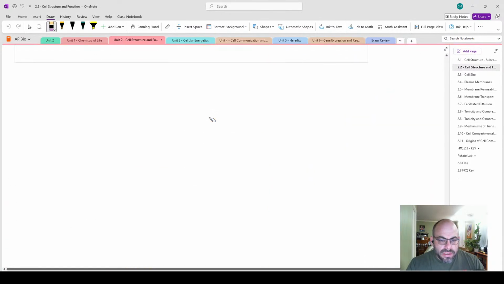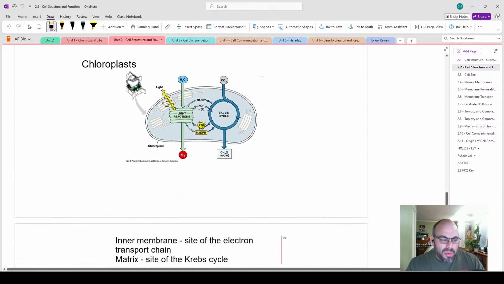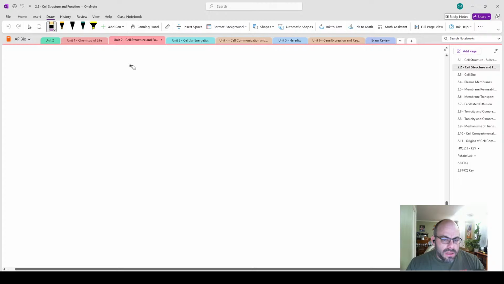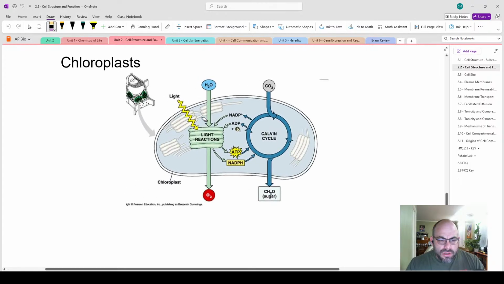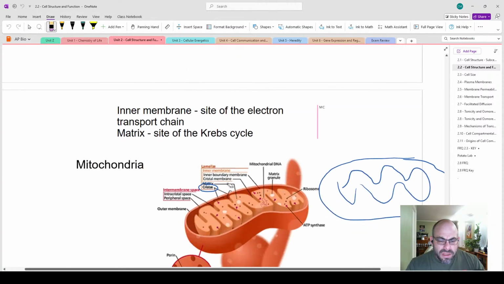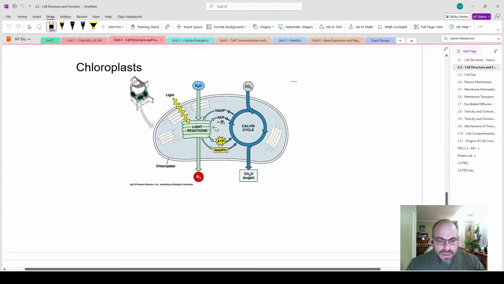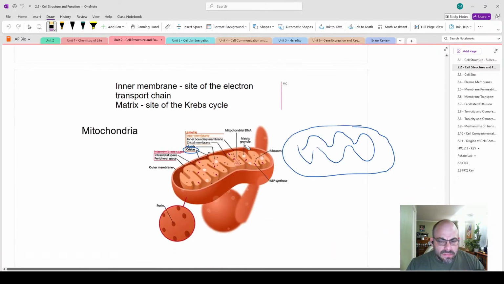What else is there? Chloroplast, mitochondria. Just remember with these things we talked about a few parts, but nothing crazy. There's 2 reactions in the chloroplast, but we didn't really go into details of that. We talked about the thylakoid and the site of the light reactions and the Calvin cycle and the stroma. I think we mentioned those words. We'll definitely talk about it next unit.